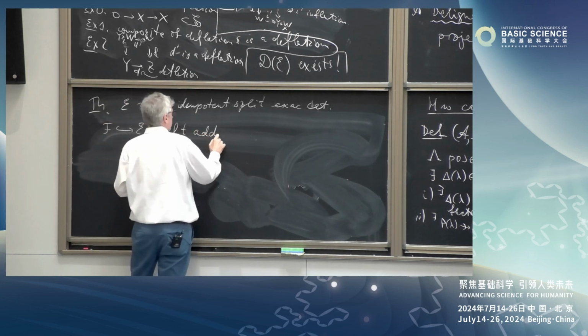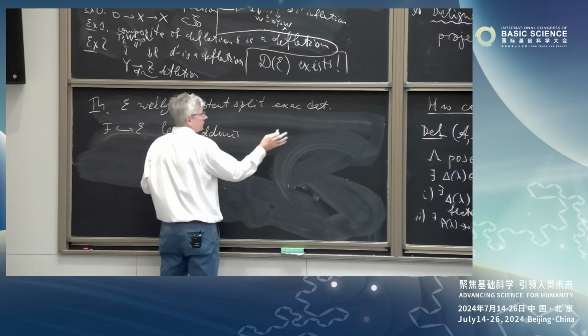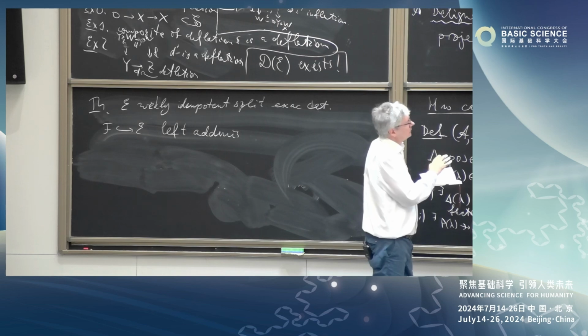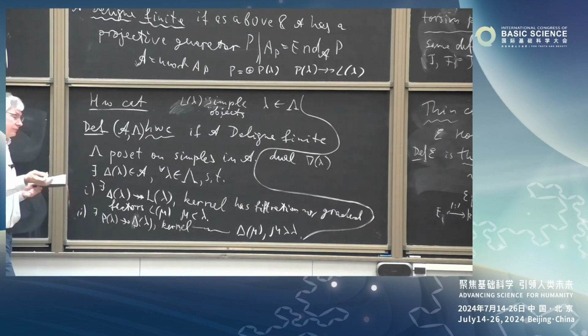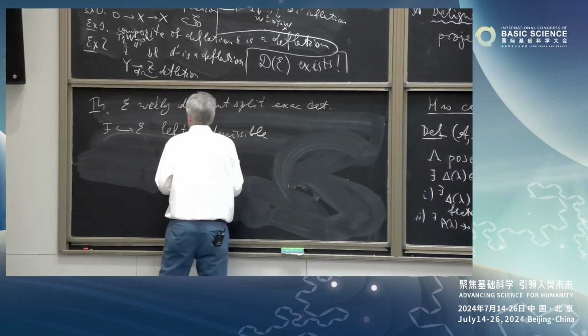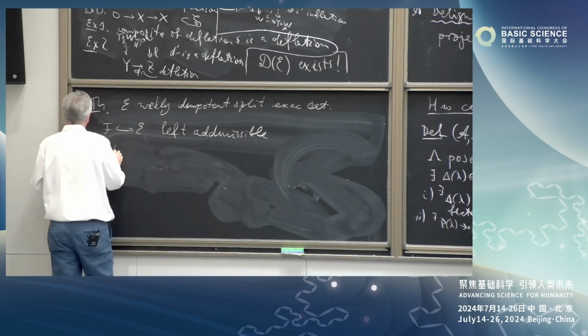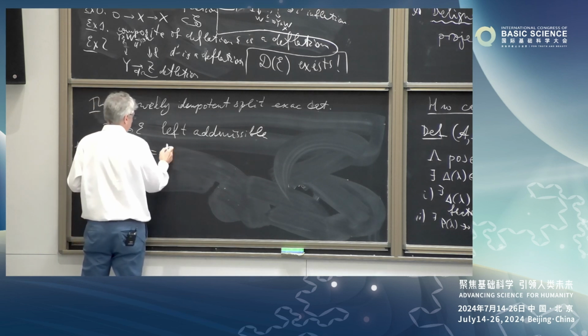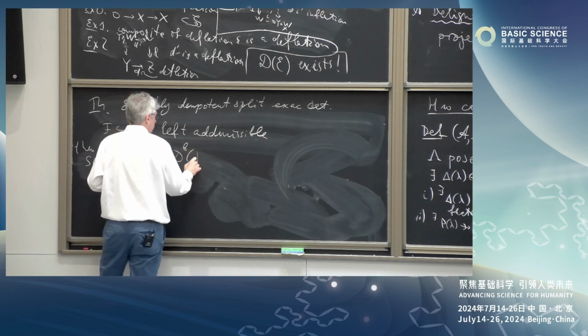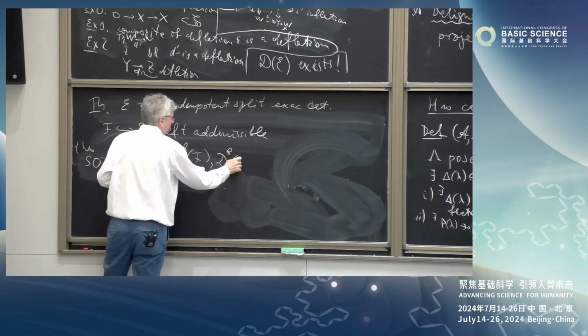But anyway, there is a similar definition of left admissible, say perpendicular. If T is right admissible, then F is left admissible. Then we have that the derived category of E has a semi-orthogonal decomposition, SOD, into the derived category of F and the derived category of T.